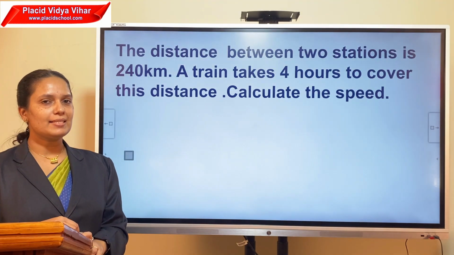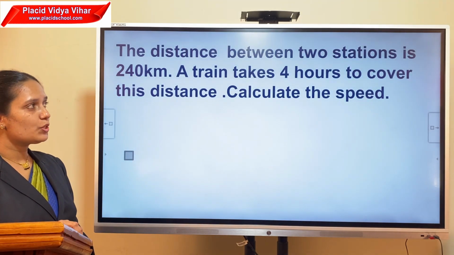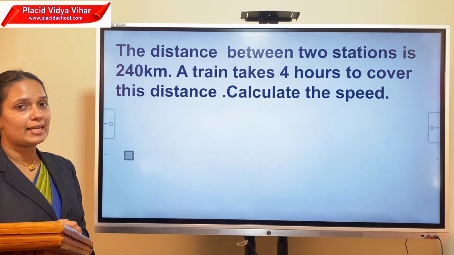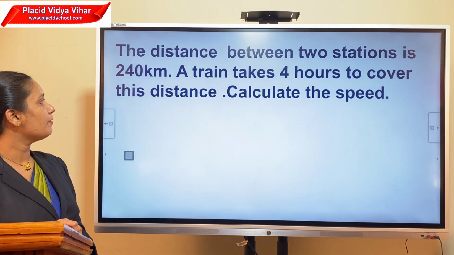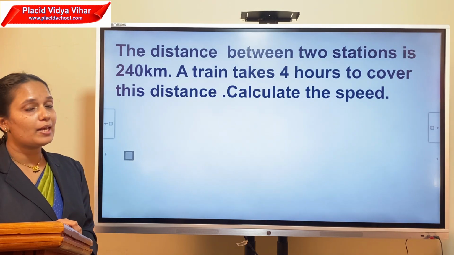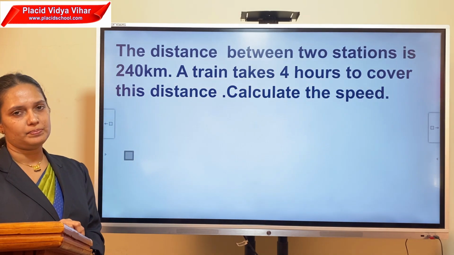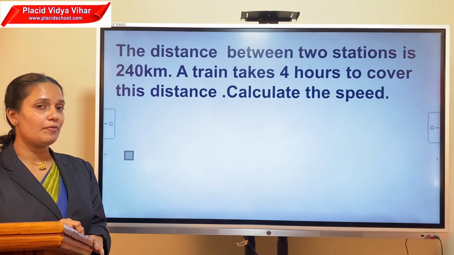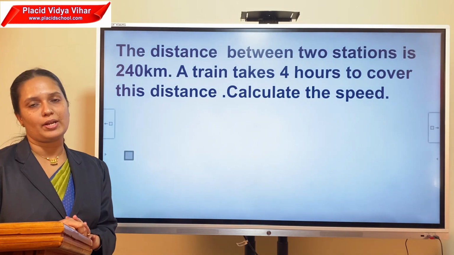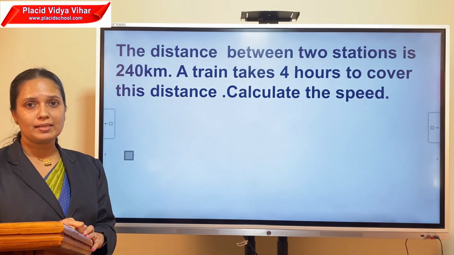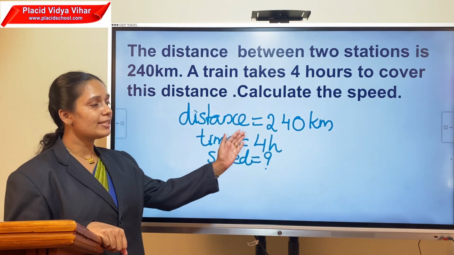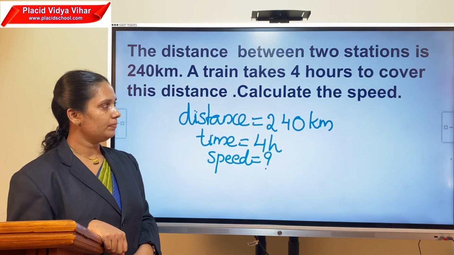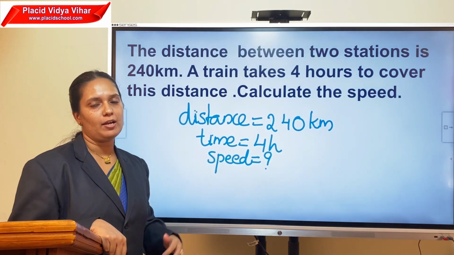The first question is, the distance between two stations is 240 km. A train takes 4 hours to cover this distance. Calculate the speed. So from this question we have to find the speed of the train. First let's write what we know from the question. Here distance is 240 km. Then time is 4 hours.